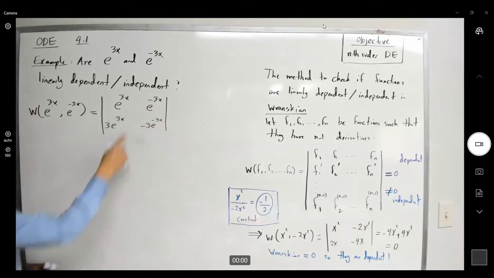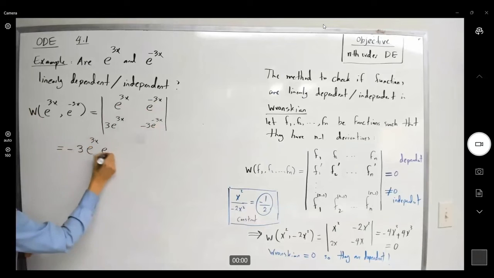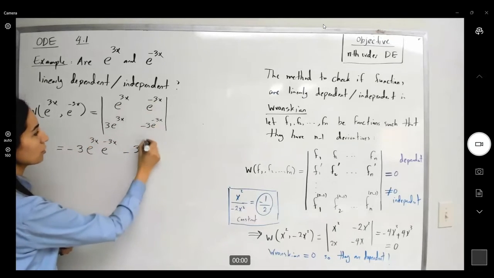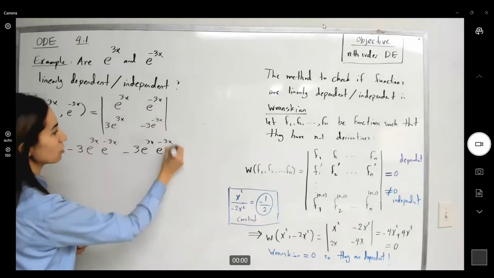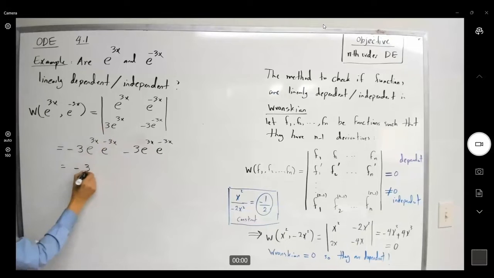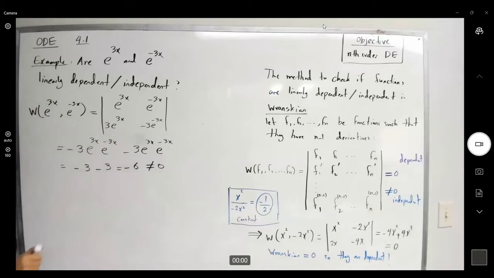For the determinant, you multiply these two: negative 3e to 3x times e to negative 3x, minus 3e to 3x times e to negative 3x. These have the same base, so combine the exponents: you get negative 3 minus 3, which is negative 6, and it's not 0.